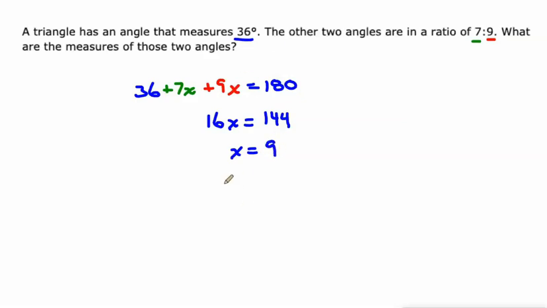So one of our angles will be 7 times 9, which is 63 degrees. And our other angle will be 9 times 9, which is 81 degrees. So our two missing angles are 63 degrees and 81 degrees.